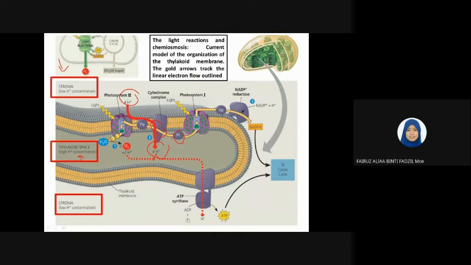So as the electron transfers from plastoquinone to the cytochrome complex, the cytochrome complex will pump protons from the stroma into the thylakoid space. That's one thing. Second thing, the thylakoid space has a high proton concentration and the stroma has a low proton concentration, so a proton gradient is established across this membrane.